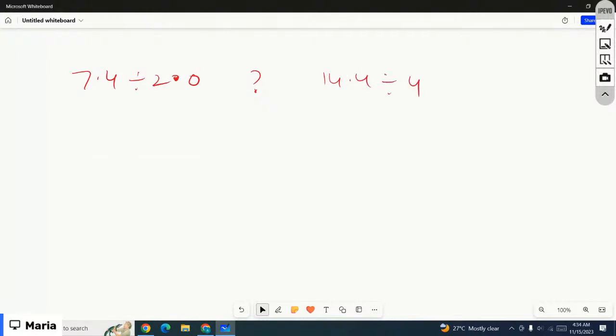Okay, let's just do it on the board. I'm just using the calculator to divide them both. 7.4 divided by 4, 1.85 it is. Sorry, 3.7 it is. And 3.6 it is. So which is the correct option?